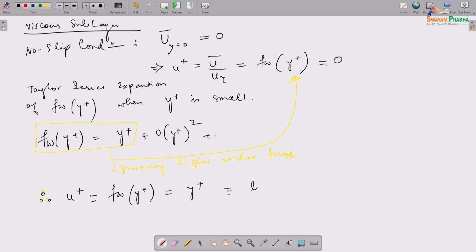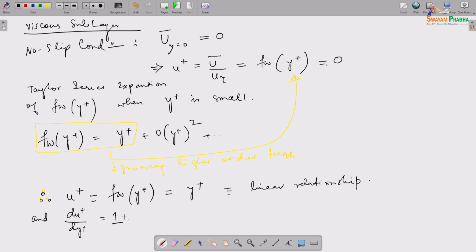So, u plus is equal to y plus. Then du plus by dy plus is equal to 1. This is something that is important. This is happening in the viscous sublayer.